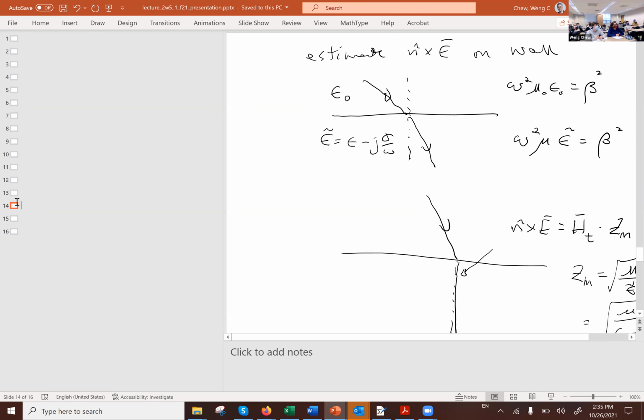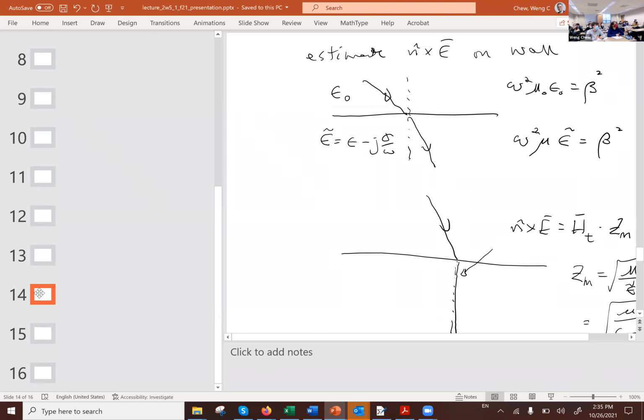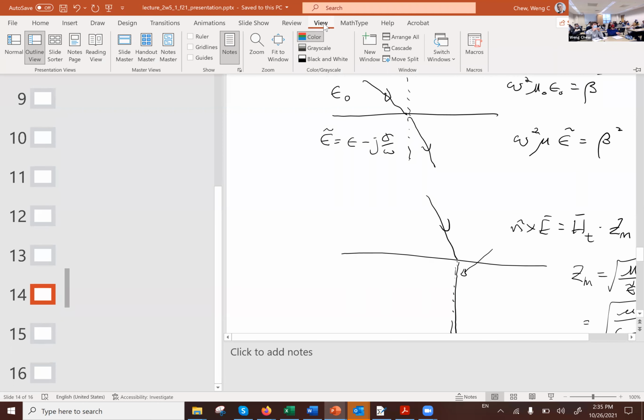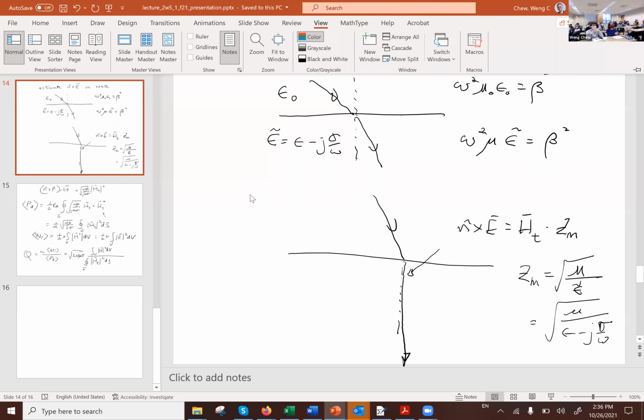I put my cursor over it, Control C. I only know how to fix this in a stupid way, which is to exit PowerPoint and come back again. Oh, good, wonderful.